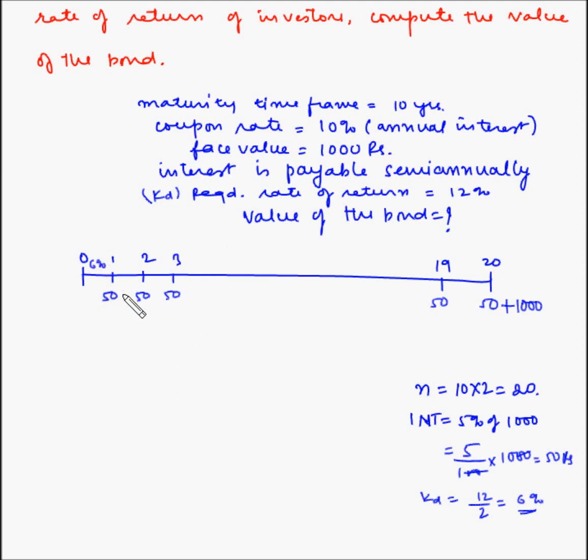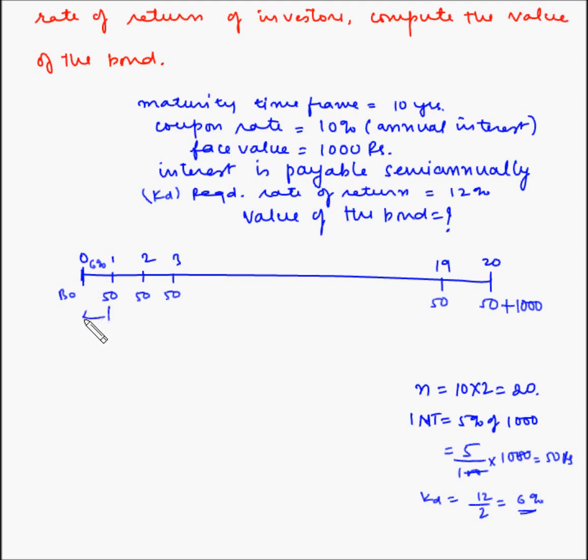So in order to find the value of the bond, which is B0, which will be the value of the bond at this point, basically we have to add the present value of all the cash flows that this bond is going to generate. And this present value will be calculated at the required rate of return that the investor wants.